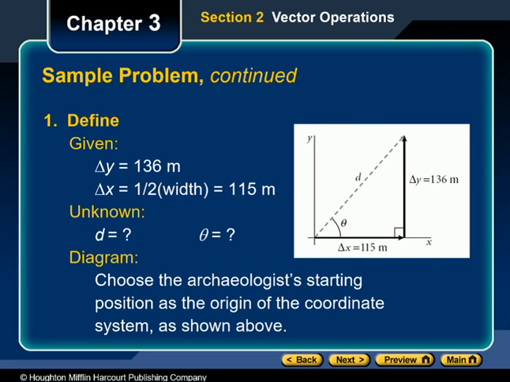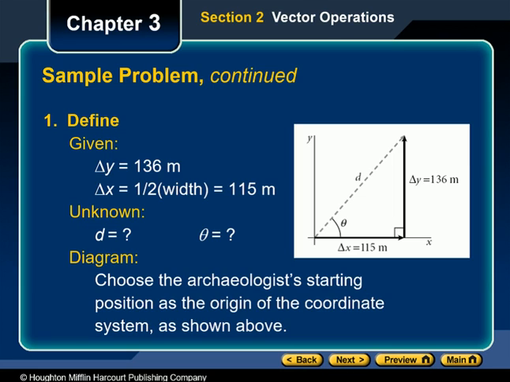And so what we first need to do here is define a coordinate system. And you're going to have to draw a picture in order to do this. And trust me, drawing a picture is going to be how you get through these types of problems. So we're going to choose the archaeologist's starting position as the origin of the coordinate system, as you can see on the screen here.